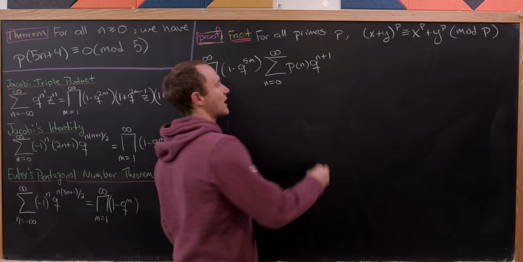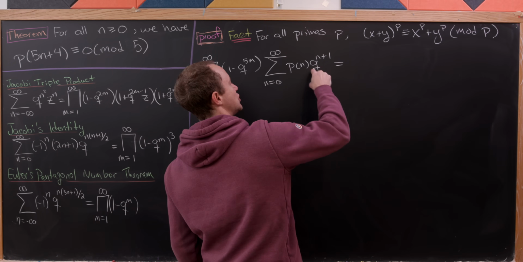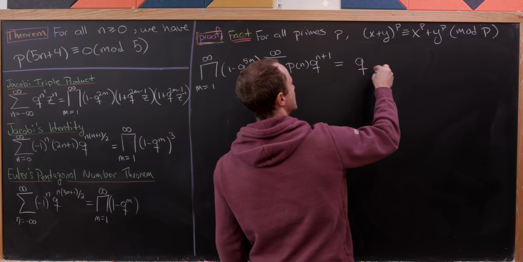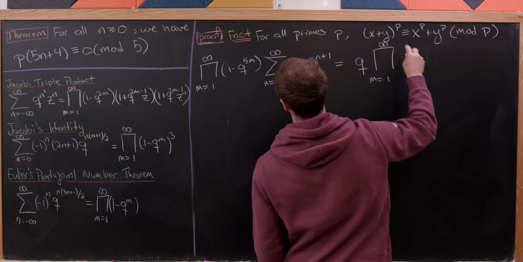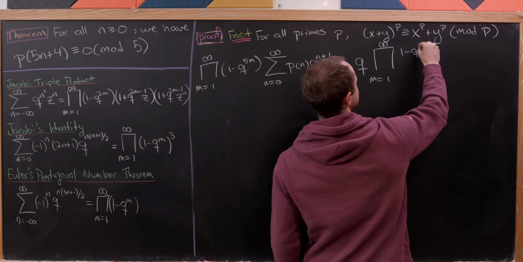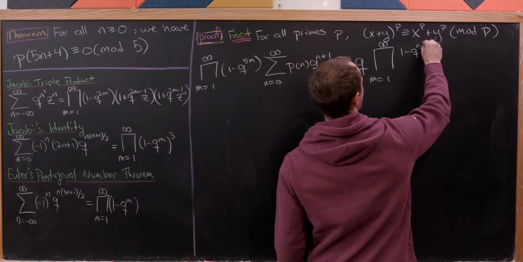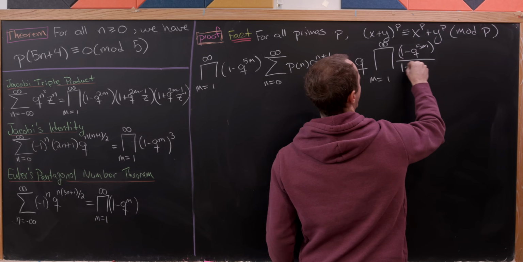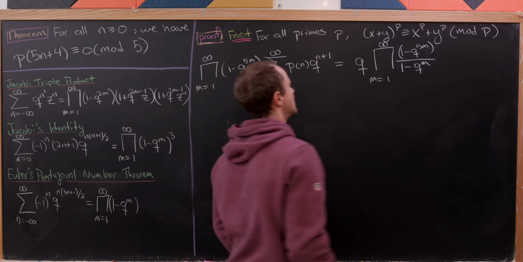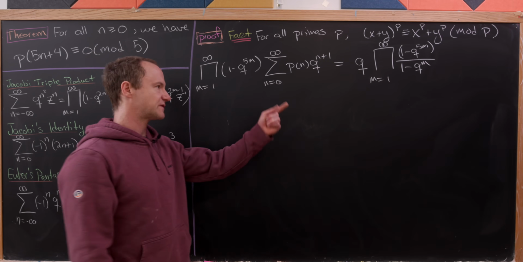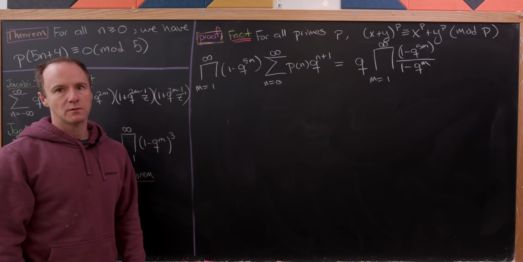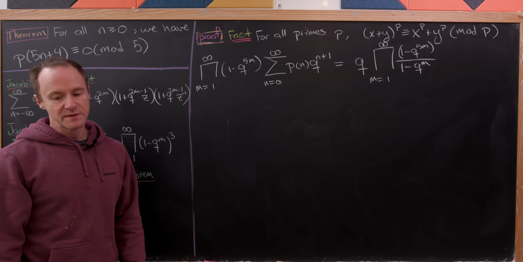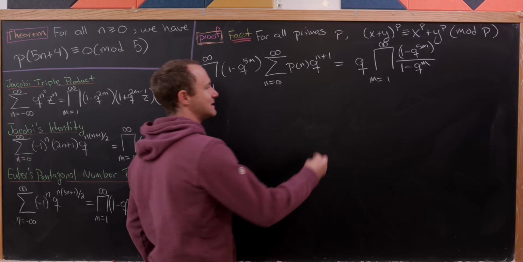But now I'm going to rewrite this as follows. So I'm going to factor the q out of this, and we'll have q, and then we'll have the product as m goes from 1 to infinity of 1 minus q to the 5m over 1 minus q to the m. Because it's well known that the partition function is that infinite product that we've included in the denominator there. We proved that earlier. Okay, so now what I'd like to do is reduce this thing mod 5.